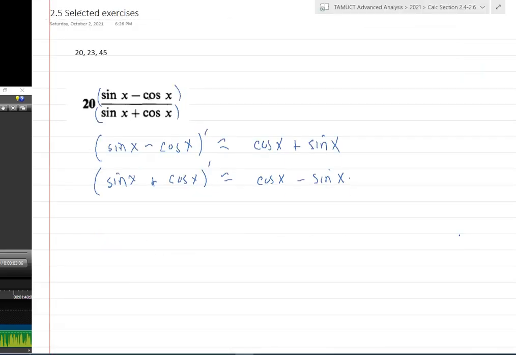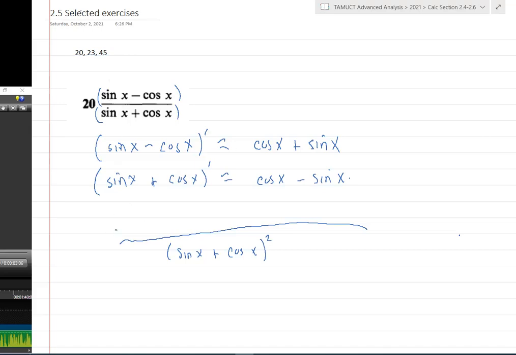Or like I like to say, it's the product and reciprocal rule. But let's go ahead and use the quotient rule. Quotient rule has the bottom squared on the bottom. And then it's the derivative of the top times the bottom minus the top times the derivative of the bottom.